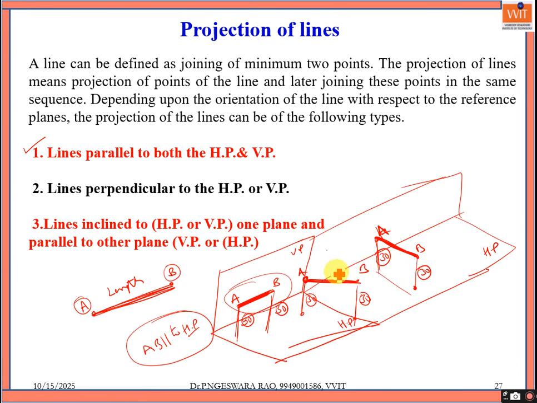That means a line will have different possibilities based on the horizontal plane as well as the vertical plane. Now these are the possibilities. The line must be parallel to both HP and VP.